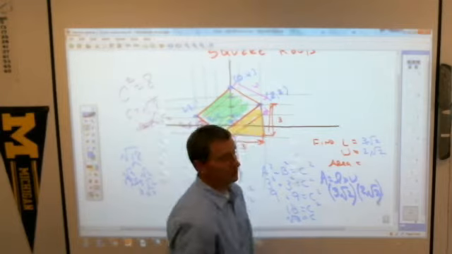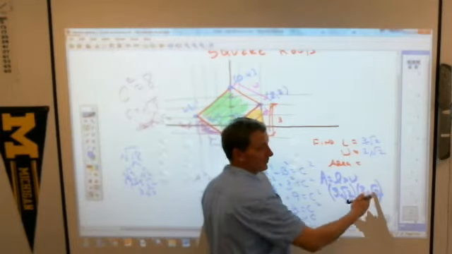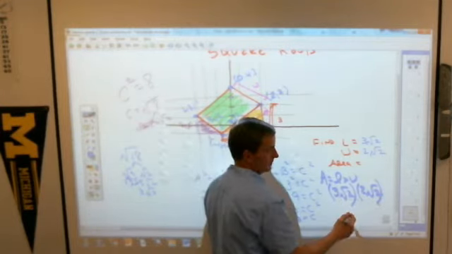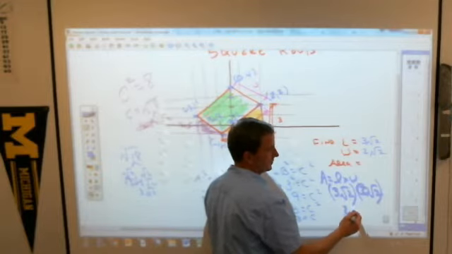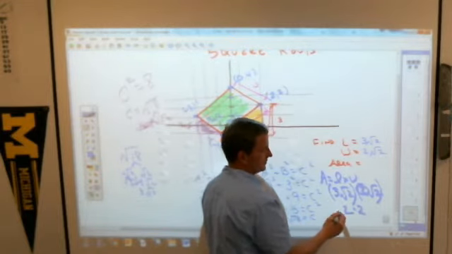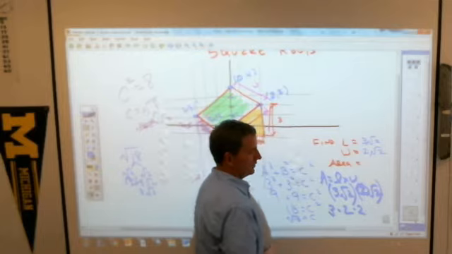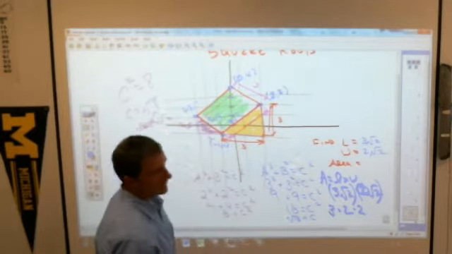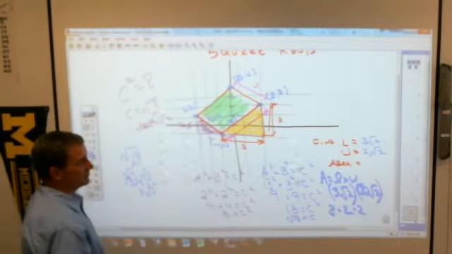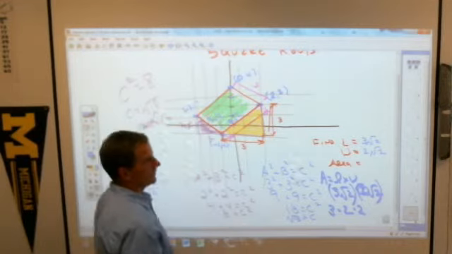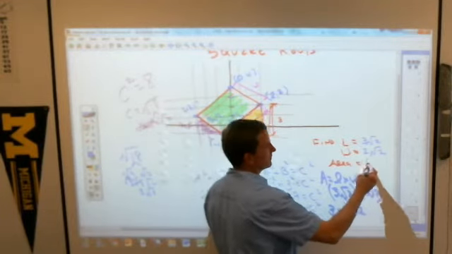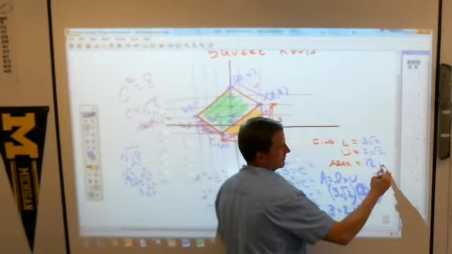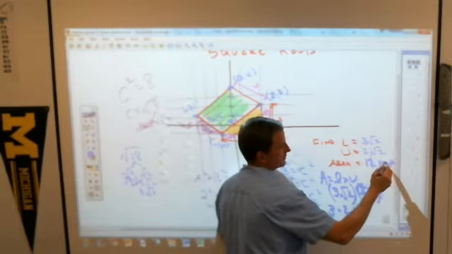Square root of 2 times the square root of 2 is going to cross off to give me a 2. I still got this 2, and I still got this 3. When all the smoke clears and I multiply all that together, guess what I get? 12. My area is 12 units, or square units, I guess.